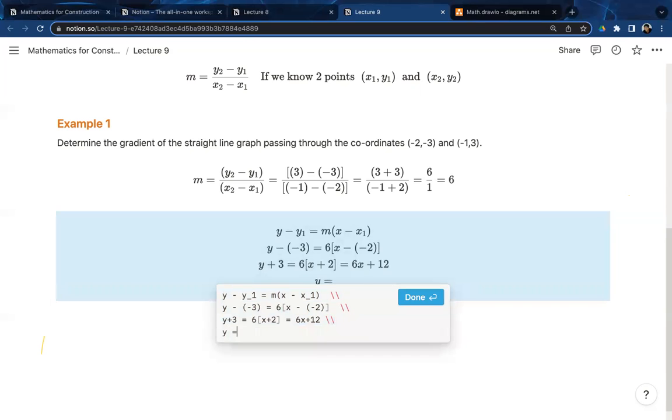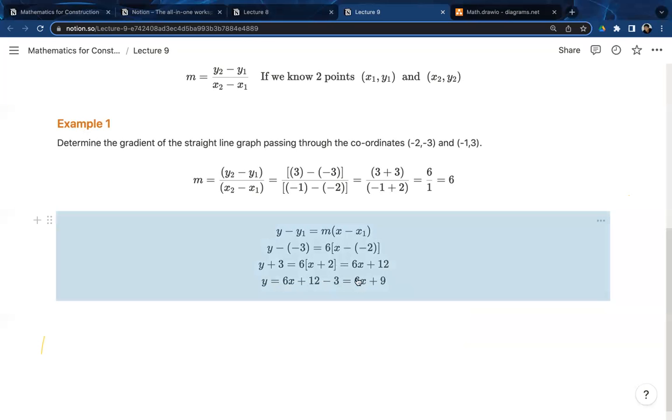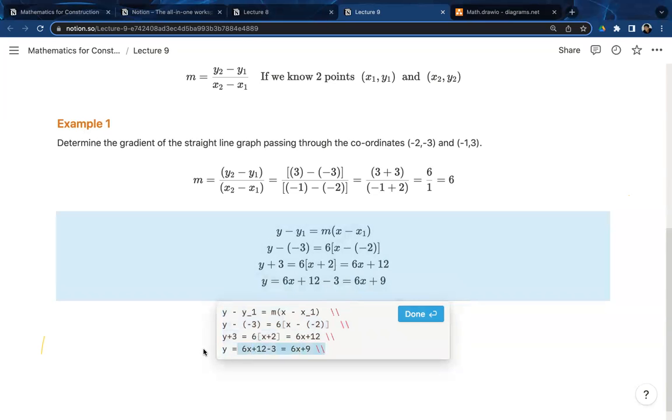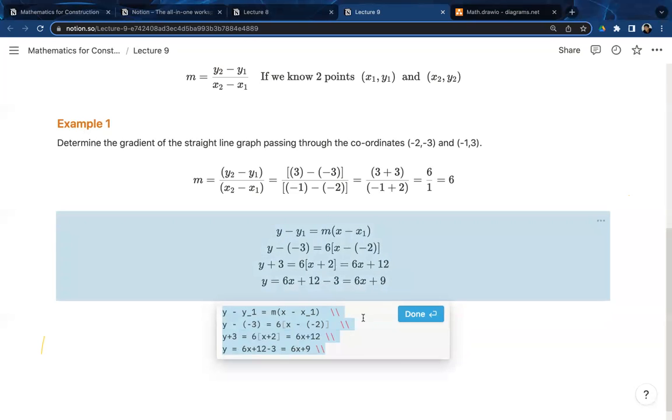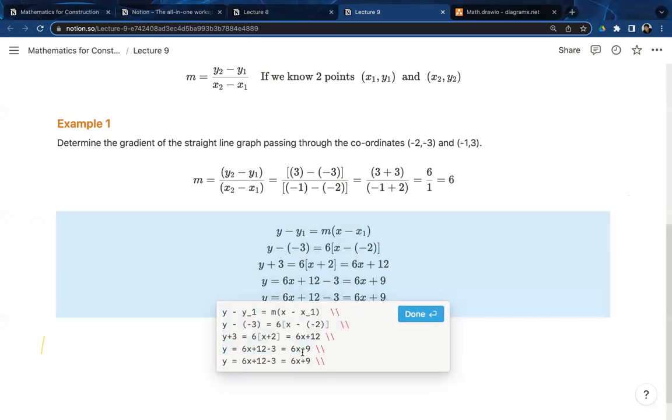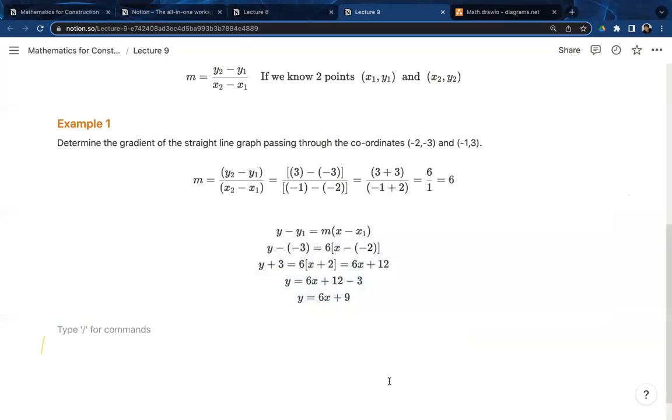So y is equal to 6x plus 12 minus 3, which is 6x plus 9. Right? And that's the equation of the line.